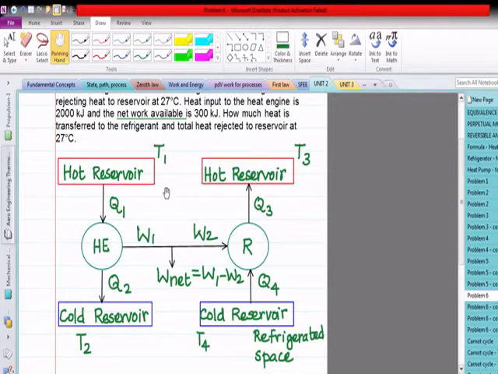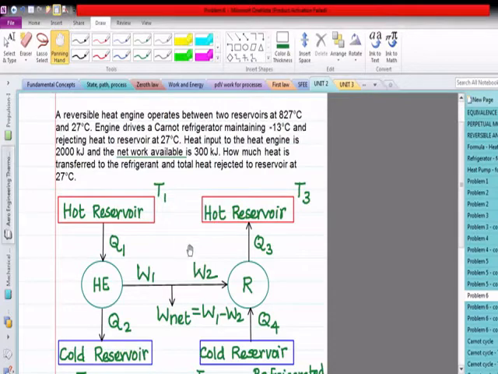Here T1, T2, T3, T4, the temperatures of all reservoirs, are absolute temperatures. That means they should be in Kelvin. Even though the temperatures are given in Celsius, we need to convert to Kelvin.